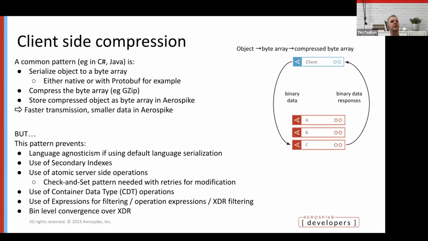If it's one big object, then I lose that capability. So if I've got two data centers and one data center changes my name, another changes my address, for example, they're non-conflicting changes. XDR and bin level convergence can make sure they work very nicely with no conflicts. Using this serialized approach can't.